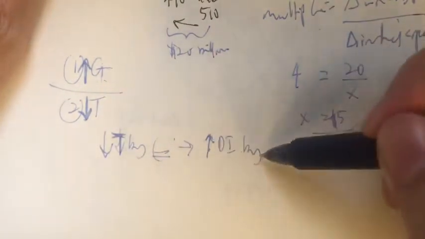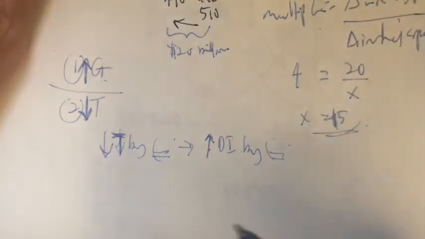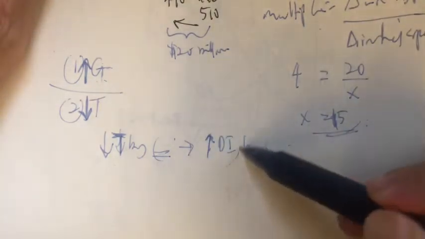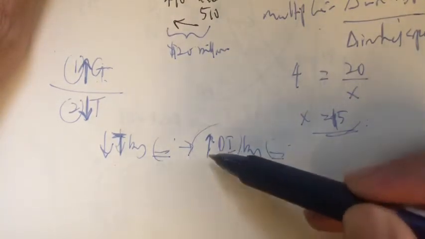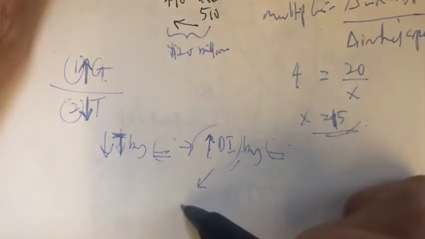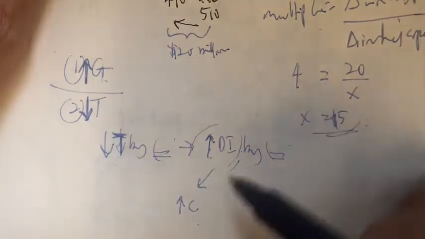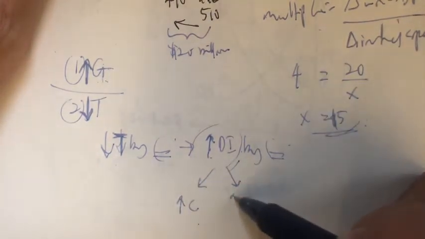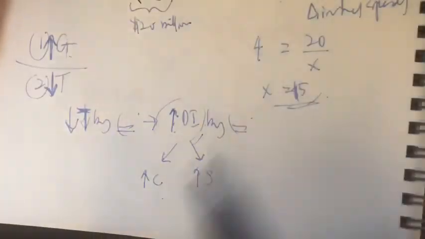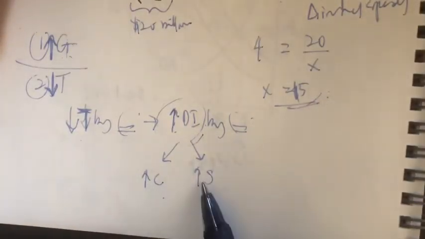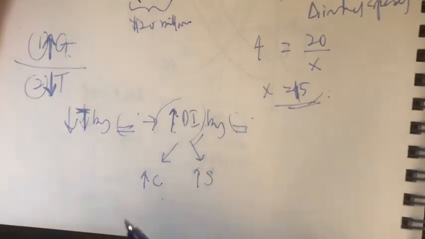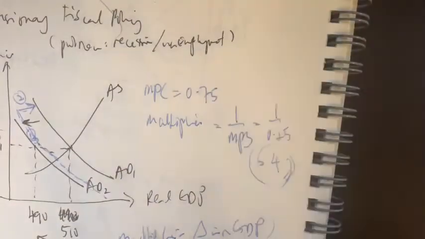Okay, when there's a fall in taxation by a certain amount, the disposable income will increase by that same amount. Okay, and then we know that when disposable income changes, or in this case increases, consumption will also increase, savings will also increase, right? So how much do these two change? Well, it depends on the MPC and MPS, and that is why they gave you these figures much earlier.